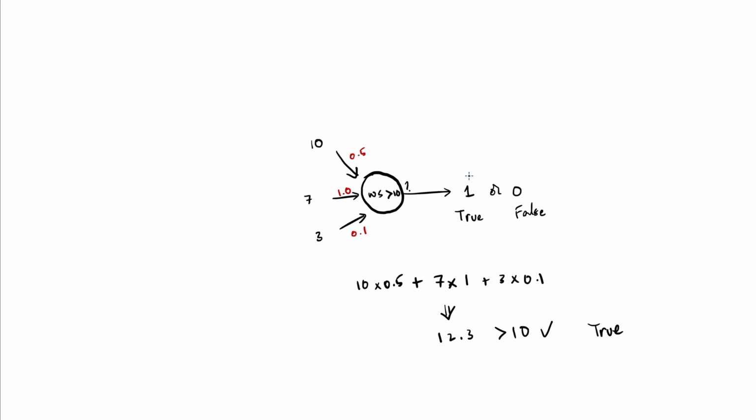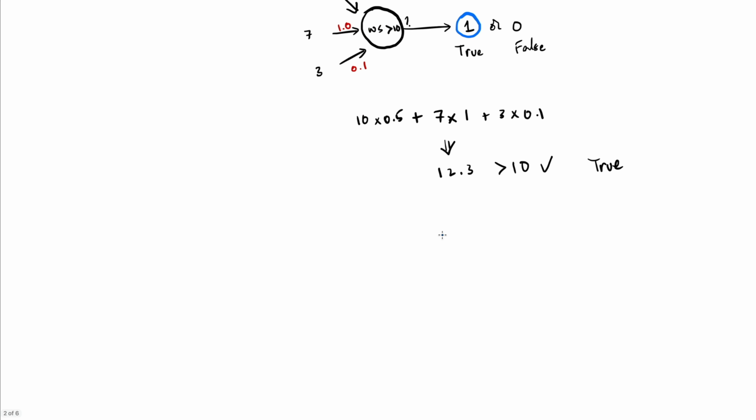The output that I get is 1. In other words, I would say this neuron is activated. If the output was 0, we would say the neuron is not activated. This is all that a neuron does.